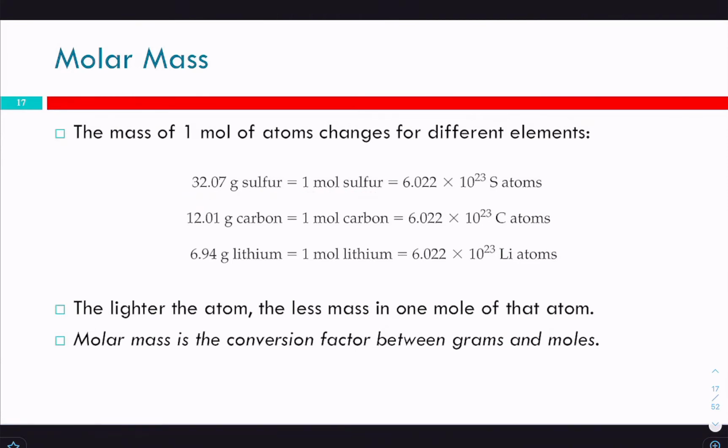This is the same format that we have for all of our conversion factors. Now we just have conversion factors that are specific to each type of atom. And that maybe adds some complexity, but shouldn't add too much. So lighter atoms, less mass, and molar mass is the conversion factor between grams and moles.